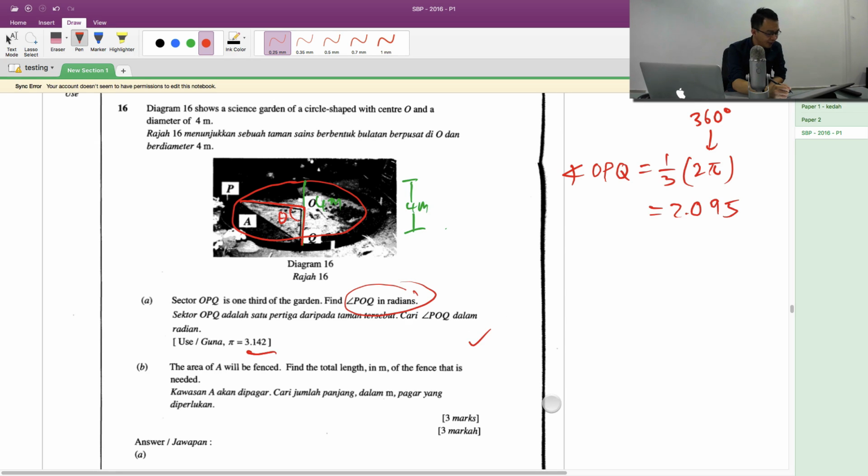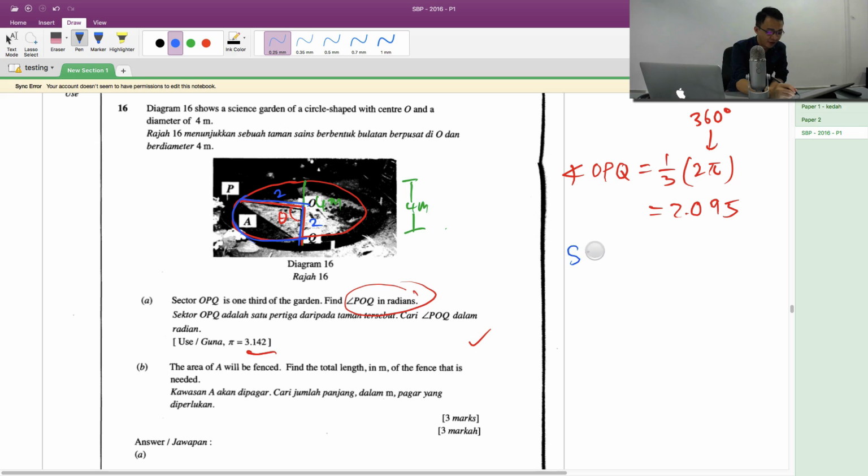For area A, find the total length of the fence that is needed. That means they ask you to find the perimeter of area A, which you can see I drew in blue color. Since this is the radius, I know this is 2 meters. This is also the radius, 2 meters. I just need to find the arc length.